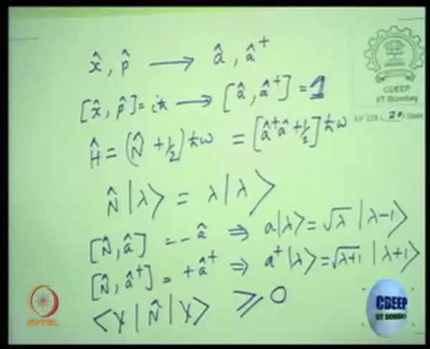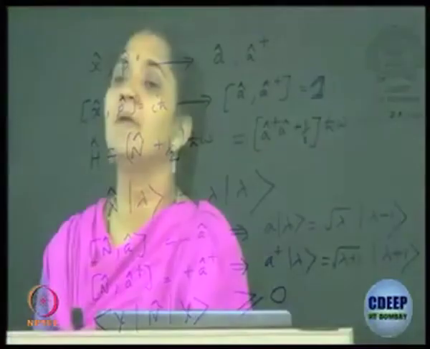This will force your lambda cannot become negative, cannot go most become 0, and to go to the 0 state, I need to use these ladder operators, which go only in steps of 1. It is not going in steps of fractions, right? So you have only in steps of 1.